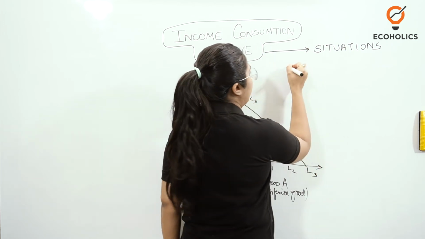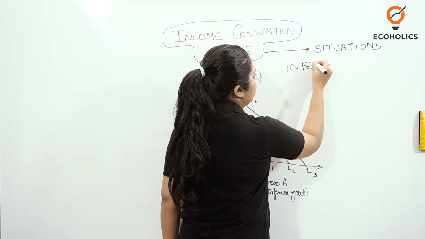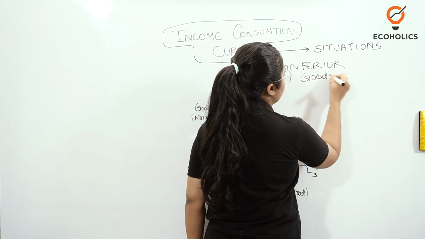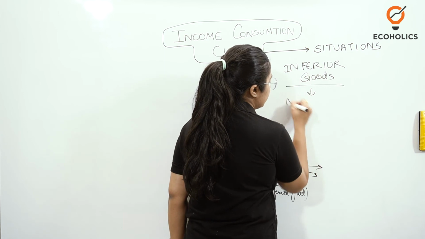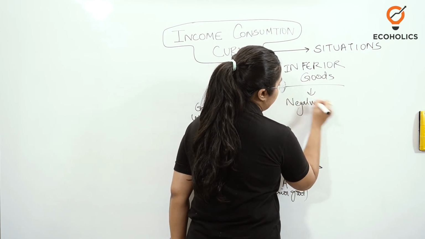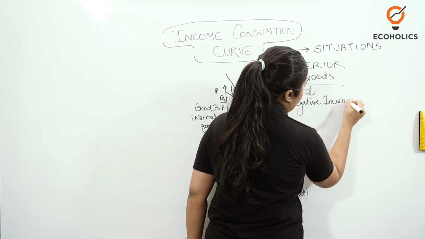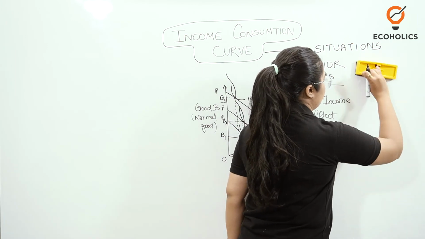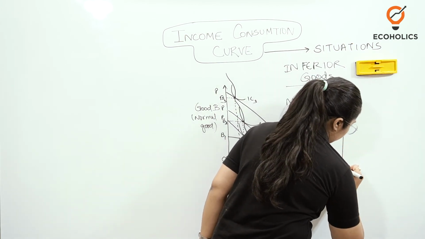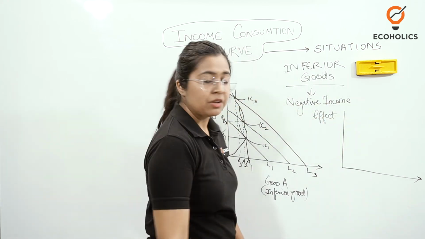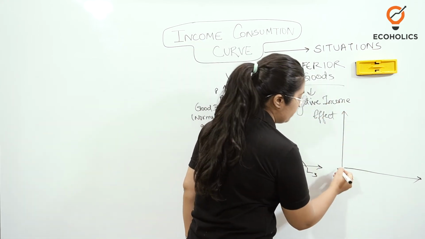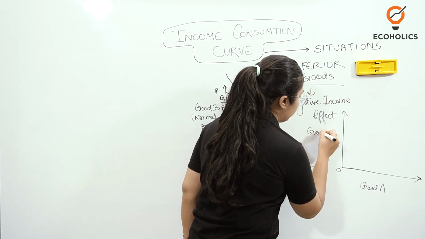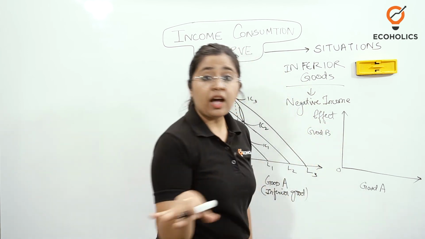We have understood that for inferior goods, there is negative income effect, and that makes us arrive to a certain point where we can make a small curve, okay, where let's say your commodity A as well as commodity B both are inferior goods.